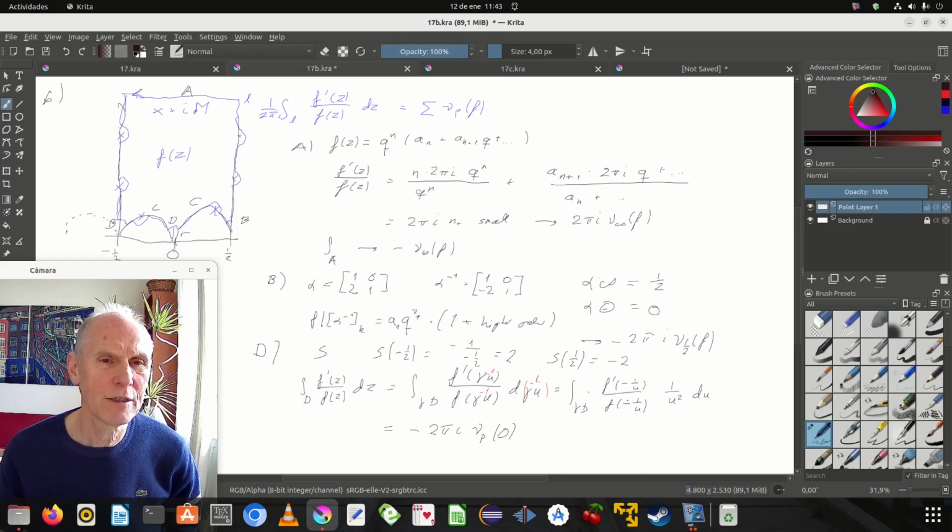So infinity is mapped to 1/2. And the inverse maps, yeah, of course. And then naught is mapped to naught.